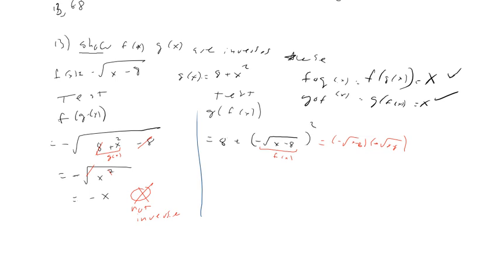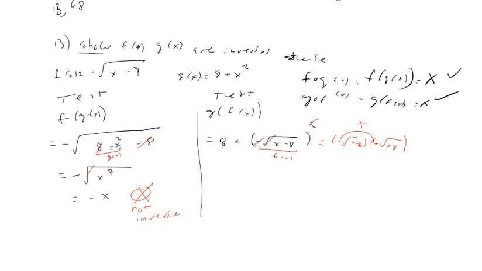Squared means two of them multiplied. So we have a negative square root times a negative square root. What happens when we multiply a negative times a negative, everybody? Two negatives times each other makes a positive. So when I square the negative, not only is my square root going to go away, but my negative becomes a positive, which is a very important feature of this situation.